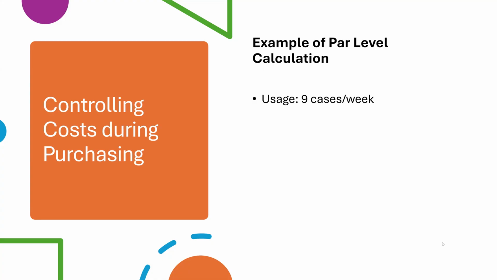So if we know whatever product that we have, we go through 9 cases per week, that's pretty standard. We've looked back in history, we've used 9 cases or around 9 cases per week for a long time. We've figured out a safety factor of 3 cases, and that gets us a PAR stock number of 12 cases.